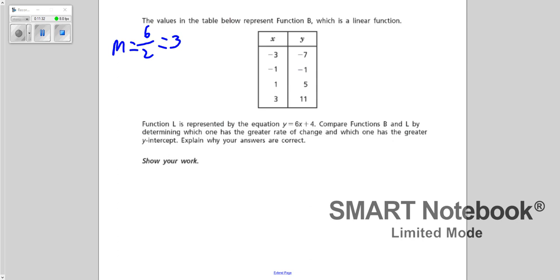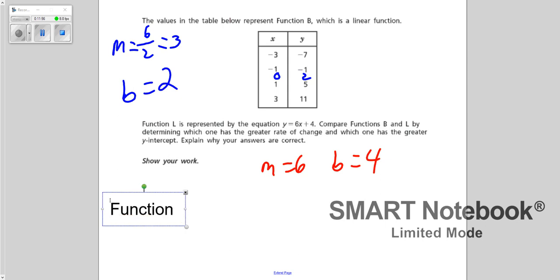And the y-intercept would be when x is 0, so it's right in the middle there, and right in the middle of -1 and 5 is 2. So the y-intercept is 2. Now I look at L, and it has a slope of 6 and a y-intercept of 4. So now I need to type my answer.